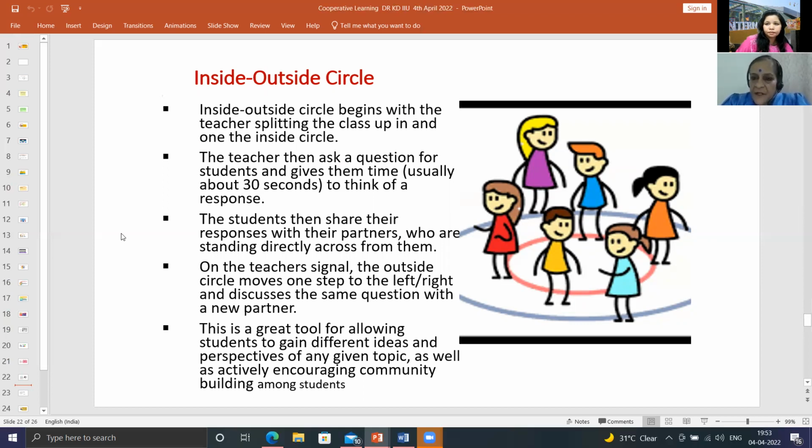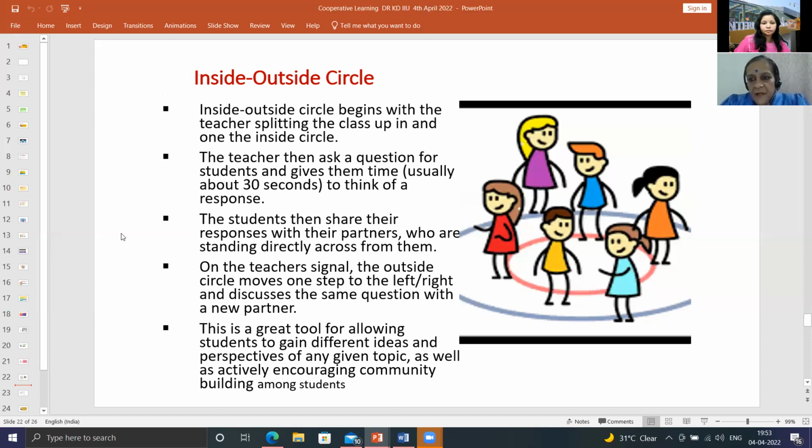Because when the teacher asks a question, everyone thinks of the answer according to their own intellectual power. Then what happens? They discuss. They express their views. They move to the right side, they move to the left side, and they collectively decide the answer. Then the teacher will finalize the answer, what will be the right answer and the right situation for a particular task.